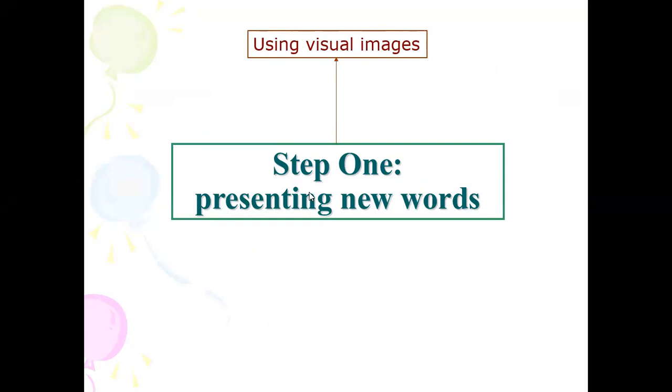So not just to tell them the vocabulary and the meaning of the word, but to show them the picture or any image, whether you draw it on the board, show them some flashcards, or even use the book. Everything leads to the same idea, which is visual images.